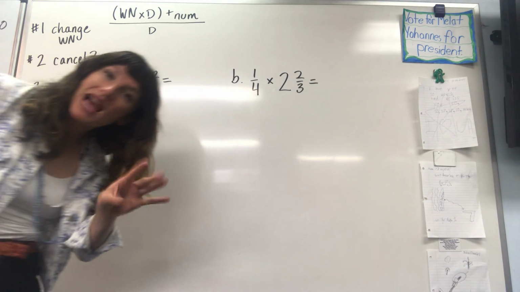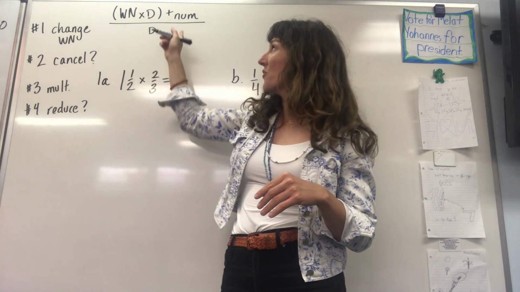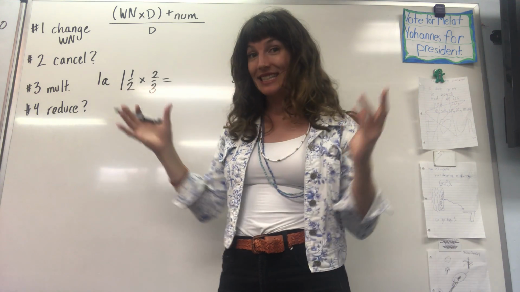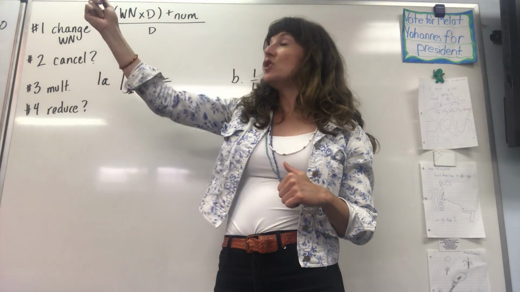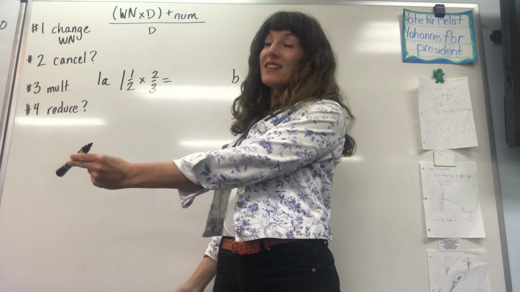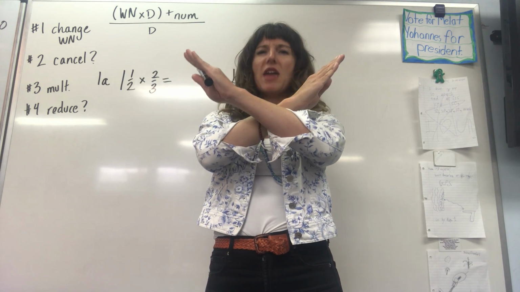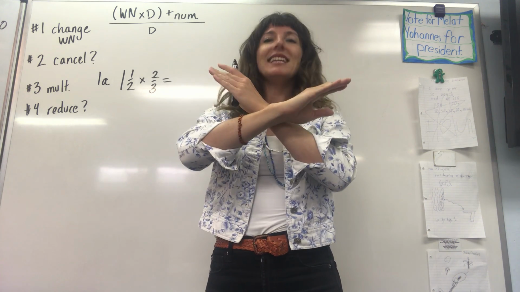All right, so we have 4 steps. Step number 1, we need to change our mixed number into a fraction using our formula. Step number 2, see if we can do any canceling before we multiply. Remember that seeing if this numerator and that denominator have a relationship, and this numerator and that denominator have a relationship. Remember, ding, ding, ding, ding, ding. Oh yeah, bonk, bonk, ding, ding, ding, ding, ding, ding.